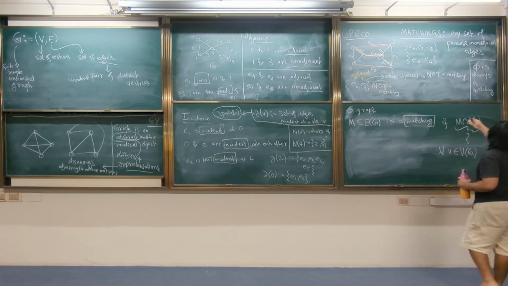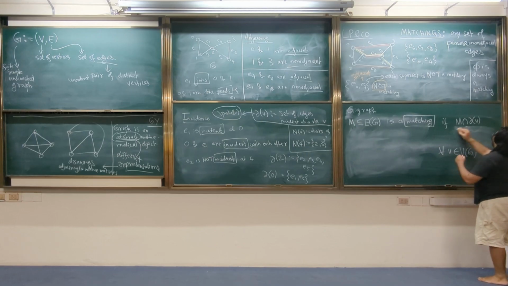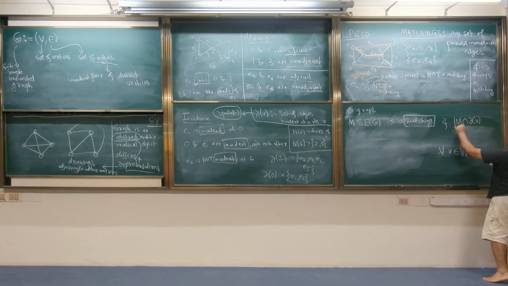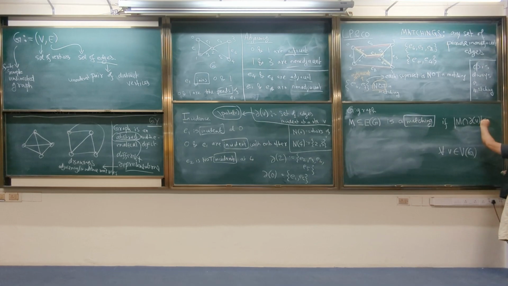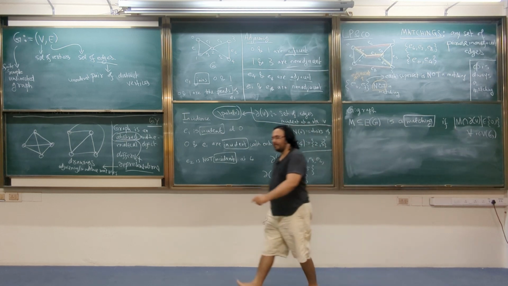This has to be, the cardinality of this set has to be 0 or 1 for each vertex. You all agree? Yeah?